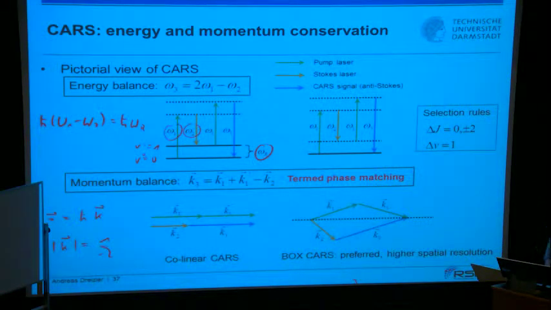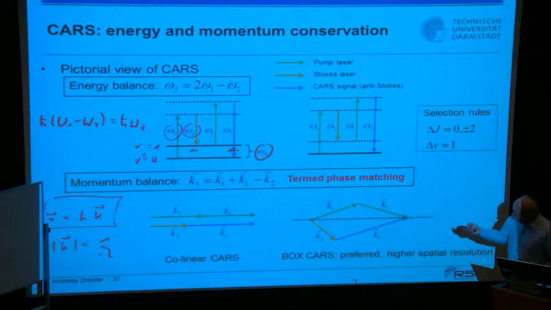So if you accept without any proof that any photon contains as well a certain momentum given by its k vector, then we have here this photon and this photon, and by the process an additional one is created, then you must somewhere take the momentum from as well. So the momentum of the k3 and the momentum of the k2 photon here must balance the momentum of the photons that are used up, destroyed in this process. And this is termed, by the way, phase matching.